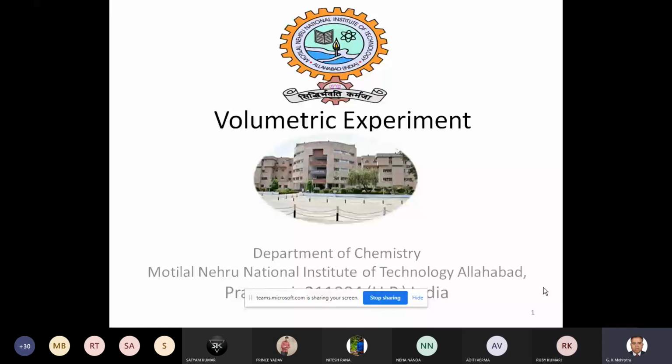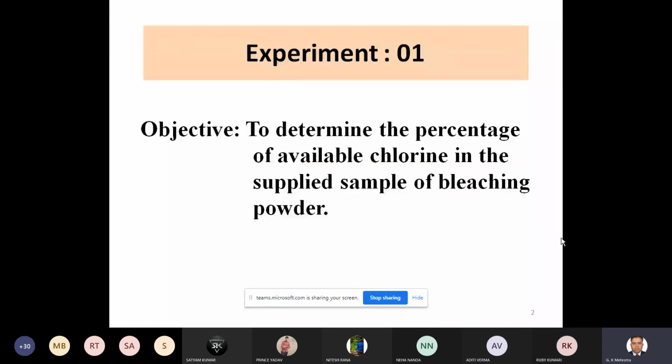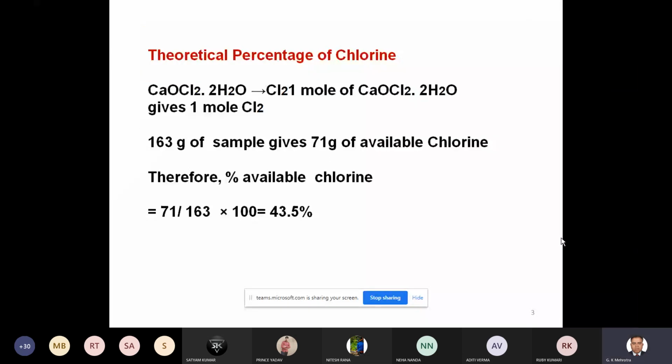Okay, sir. So to determine the percentage of available chlorine in the supplied sample of bleaching powder, you see the theoretical percentage of chlorine which may be present in bleaching powder is this one. 1 mole of bleaching powder gives you 1 mole of Cl2.